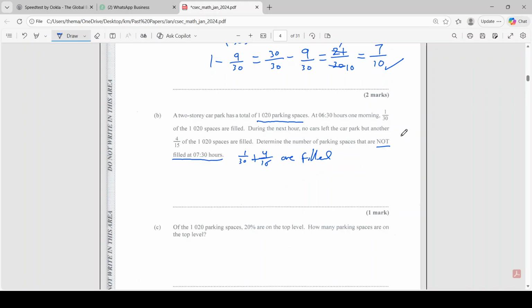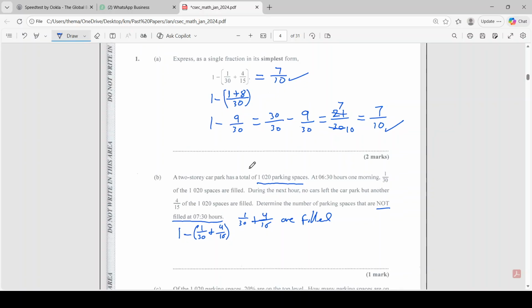And how much is not filled will be the whole, which is 1, take away the amount that is filled, which is 1 over 30 plus 4 over 15. And if we look above, this is exactly what they give us to work out.